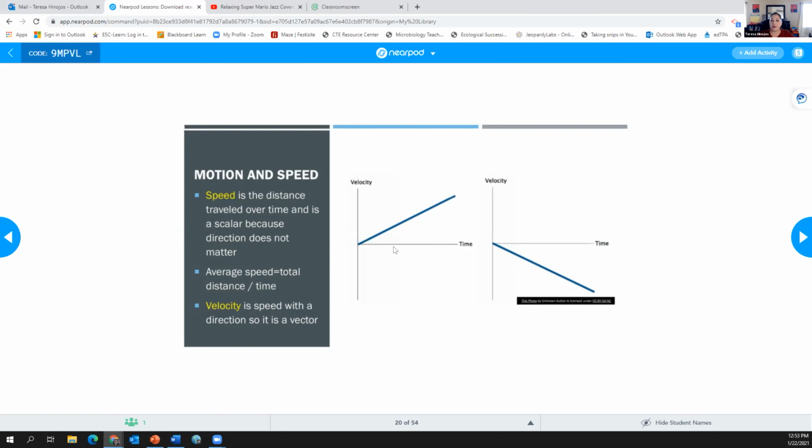So if I'm talking about time, time is down here on the bottom, then that means my time is increasing as I go this way. For velocity, my velocity is increasing going this way. And because velocity is a vector, you could have positive or negative velocities, depending on where that direction is taking you.